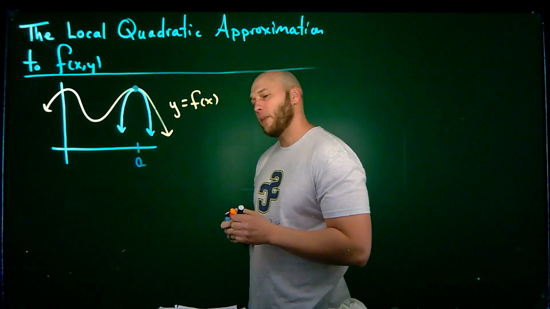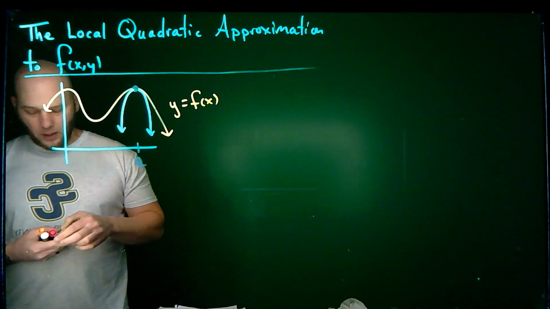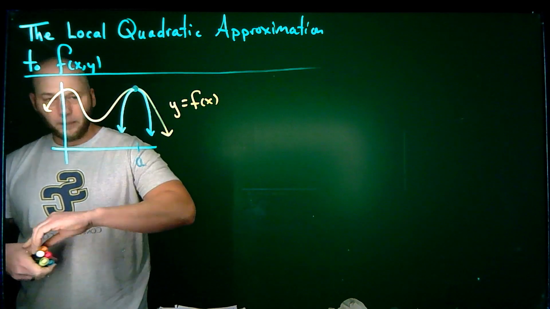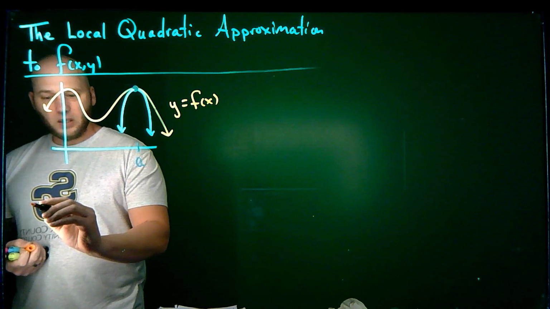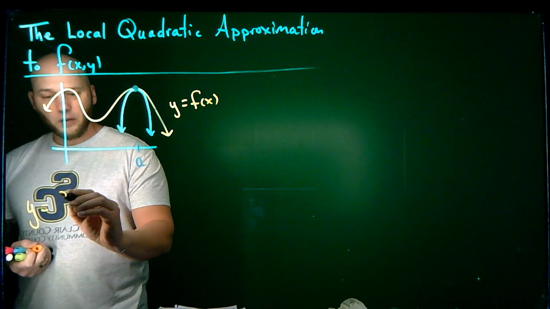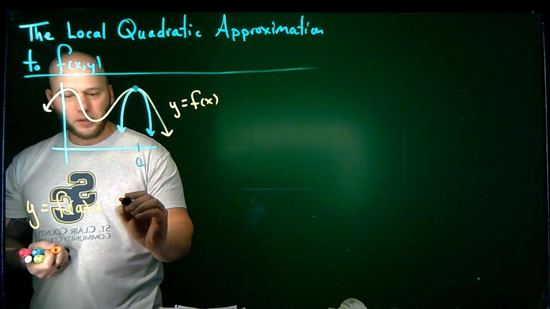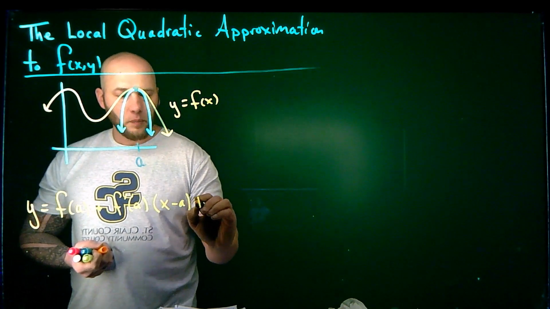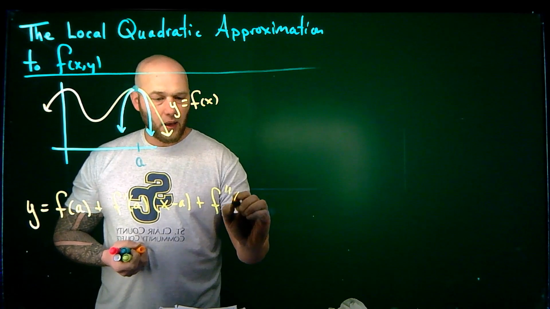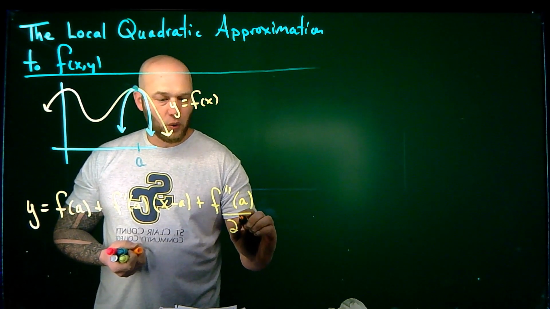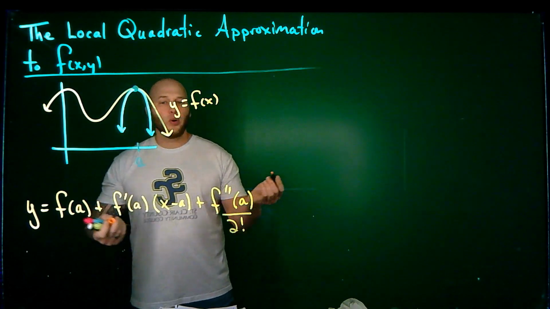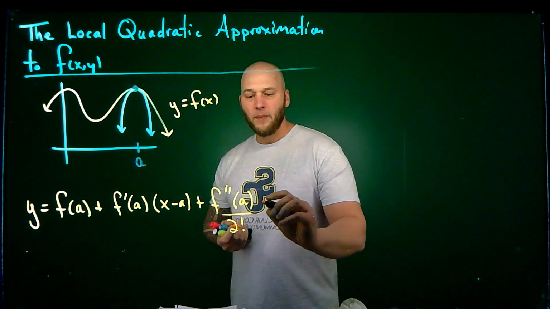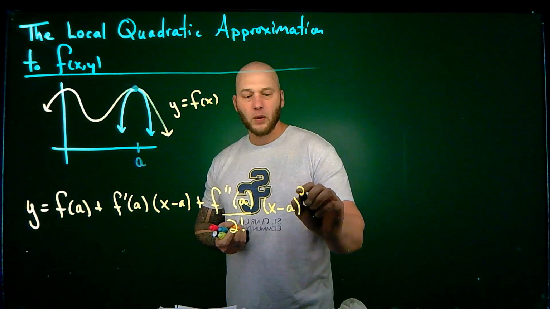Now, if you remember, the formula for a quadratic approximation, the Taylor polynomial of order 2, is given by the following. y is equal to the function value f of a, plus the first derivative at a times x minus a, plus the second derivative at a over 2 factorial, which of course is equal to 2, but usually we write it as 2 factorial just as a reminder that the rest of the denominators are factorials, and then x minus a squared.